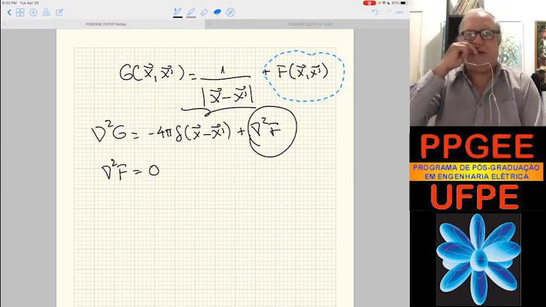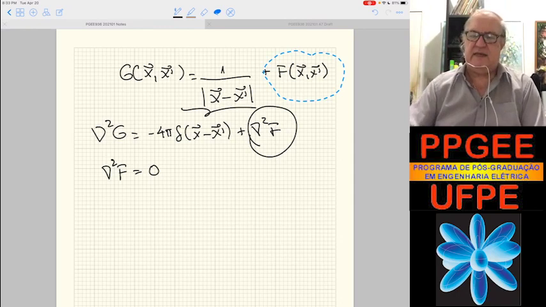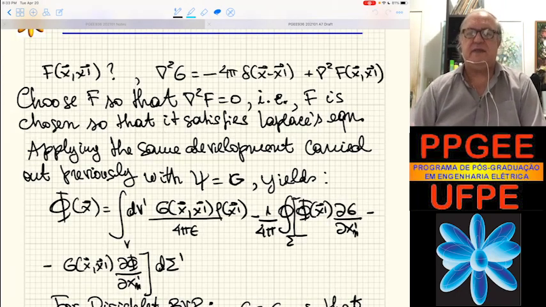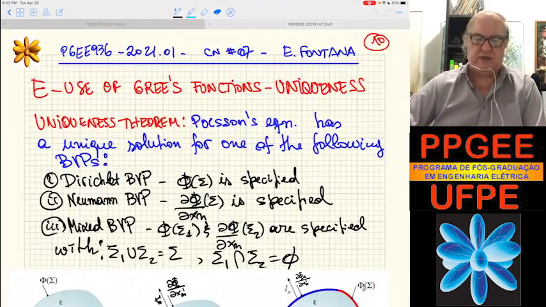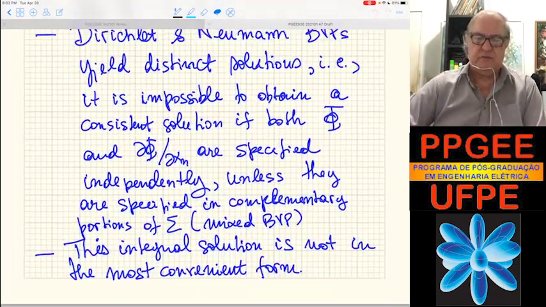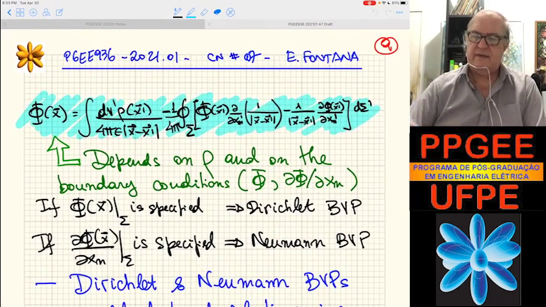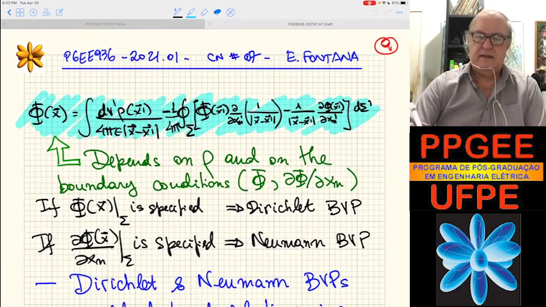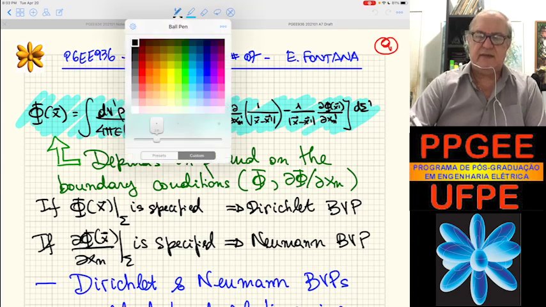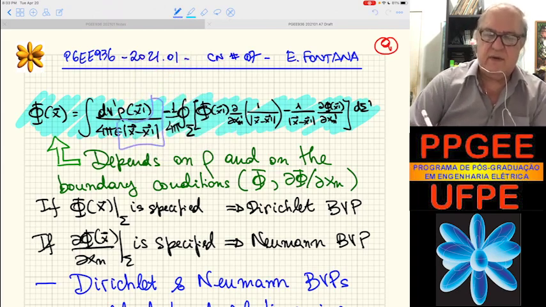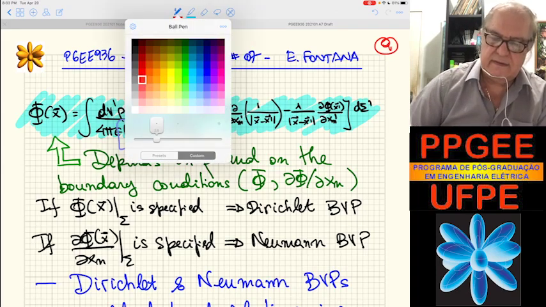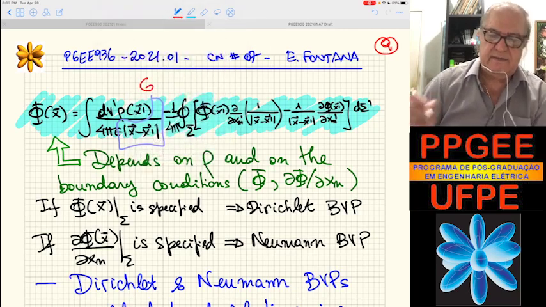Okay. So if you choose g with this property, the change that we are going to make in the final integral expression I just showed you, right? Here, just to show you, I'm going to outline the modifications that we're going to have. Instead of this term here, we're going to have the g, right?